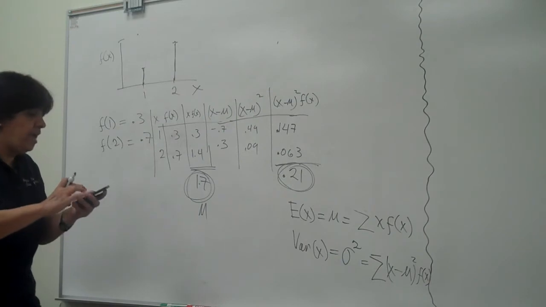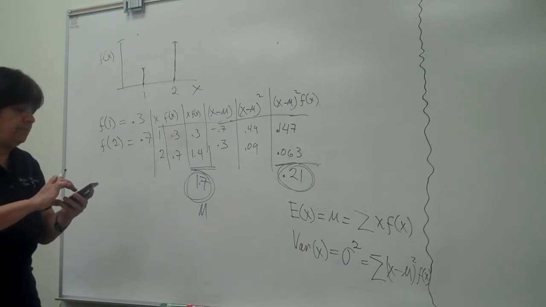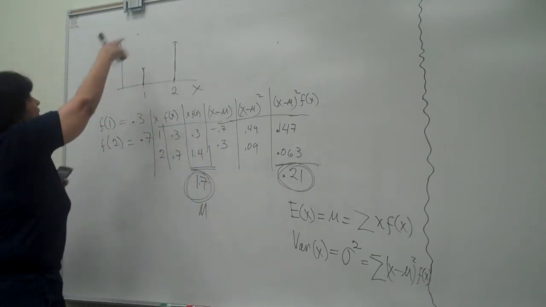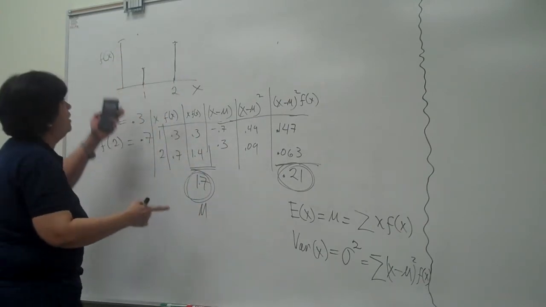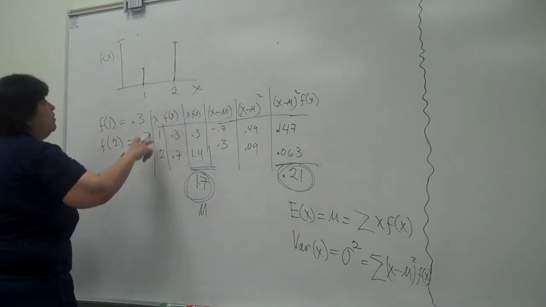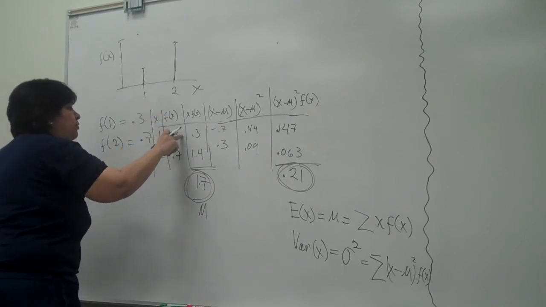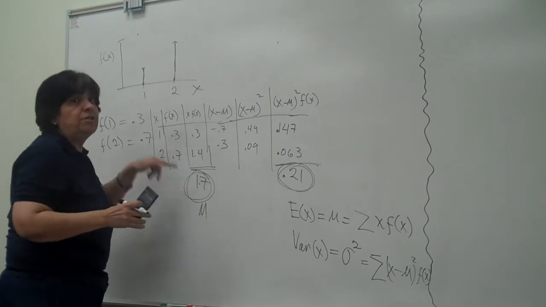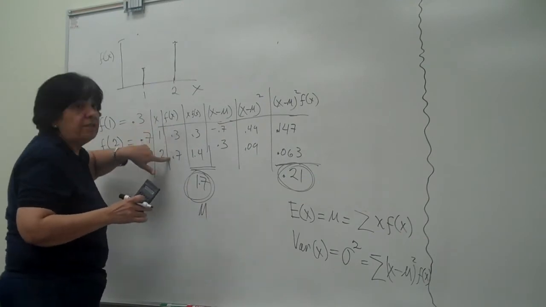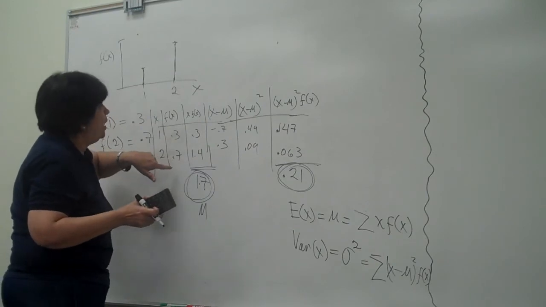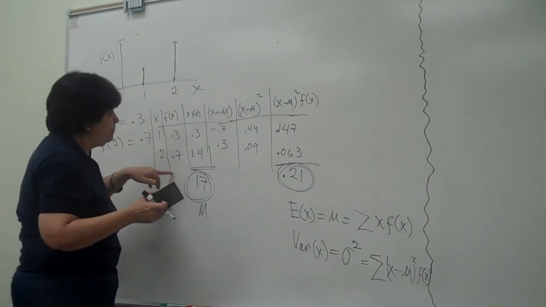What is the standard deviation? The square root. So in this particular case, when I have only two values, when x is equal to 1 and 2 and f of x is equal to 0.3 and 0.7, it's a good distribution because the probabilities are less than 1 and greater than 0, and the summation is 1.